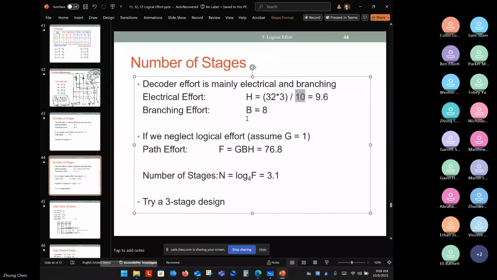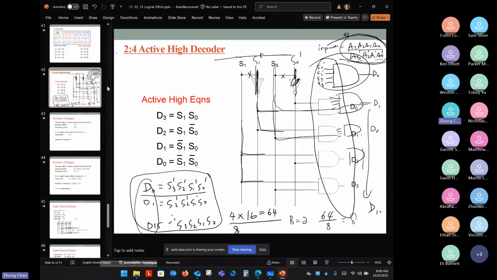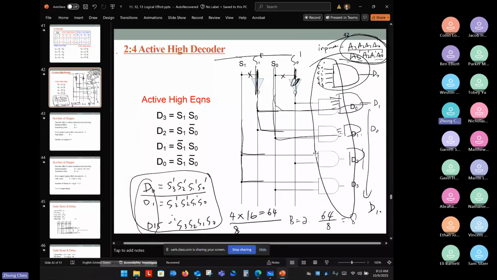Okay, the branching effort is the difficult part, which we just discussed. So why is the branching effort equal to 8 in this case? You can back-calculate how many total inputs you have used. For each of the inputs, you figure out how many gates it is connected to. That is my first-stage branching effort.